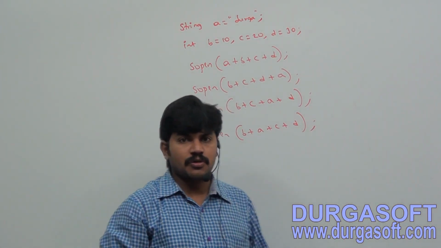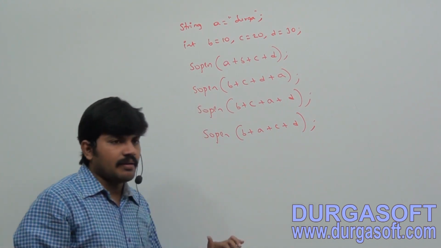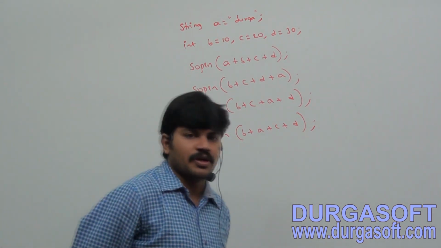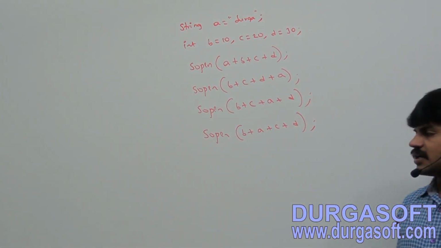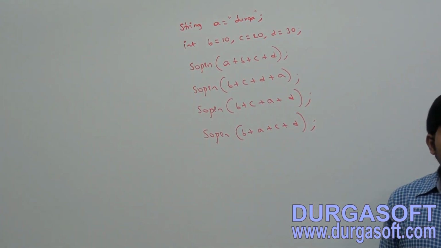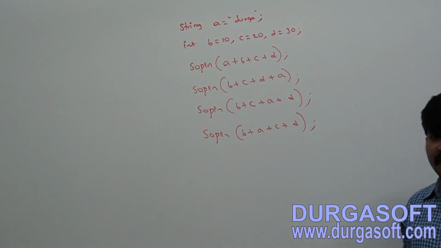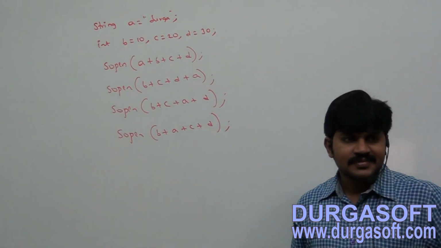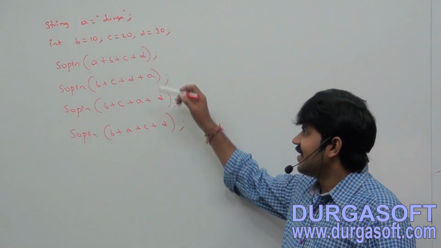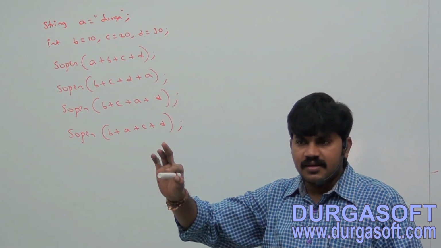Make sure you are all aware of this clearly. So can you tell what output we are going to get in the first case, second case, third case and the fourth case? First case: Durga 10 20 30, or Durga 60?